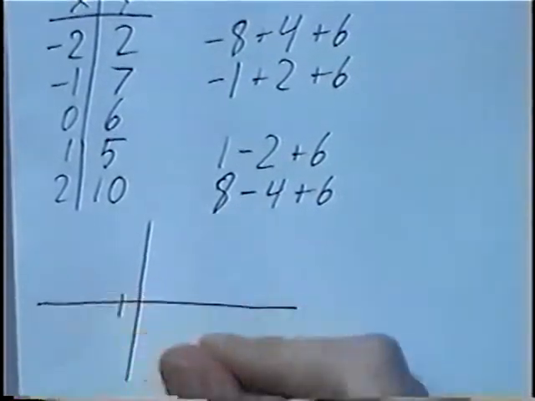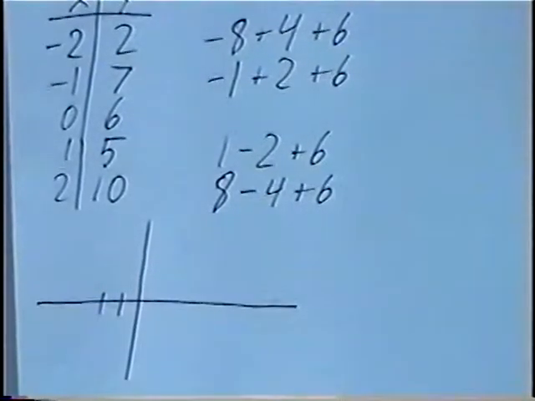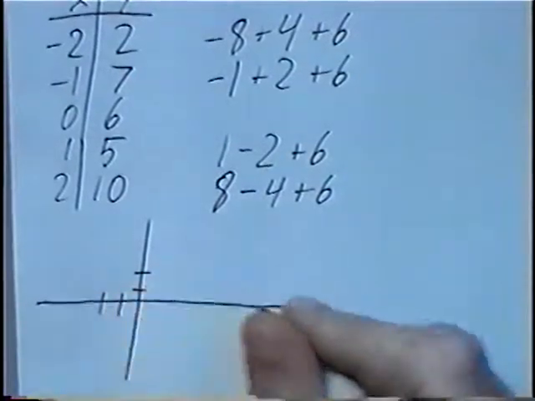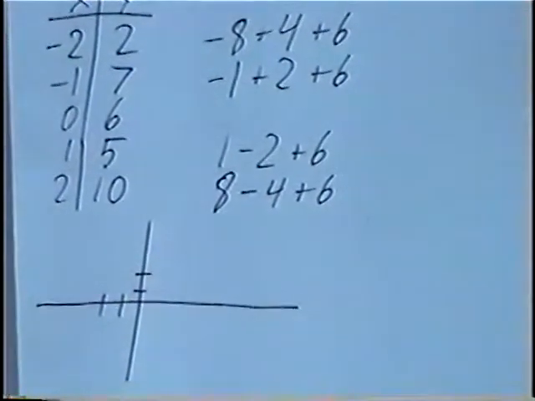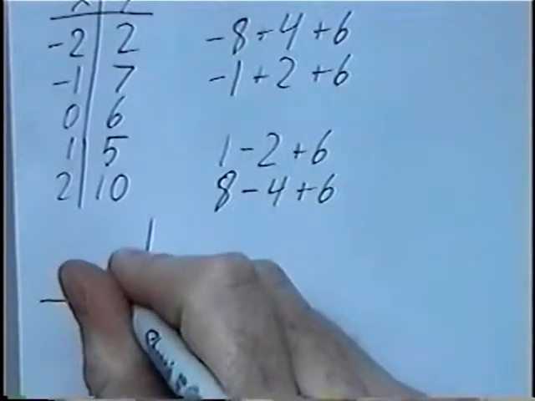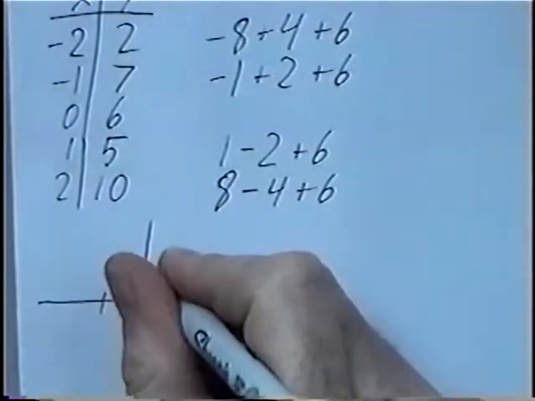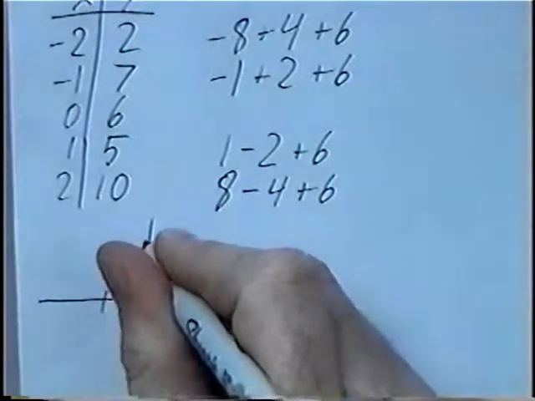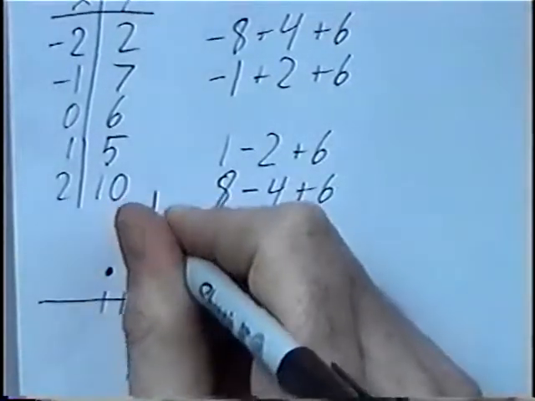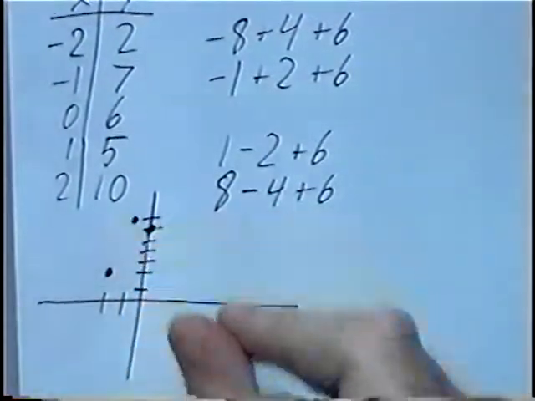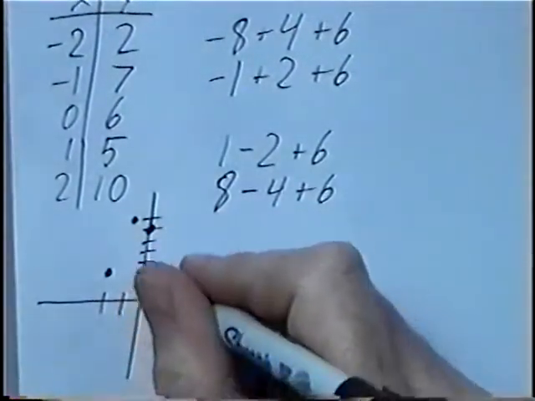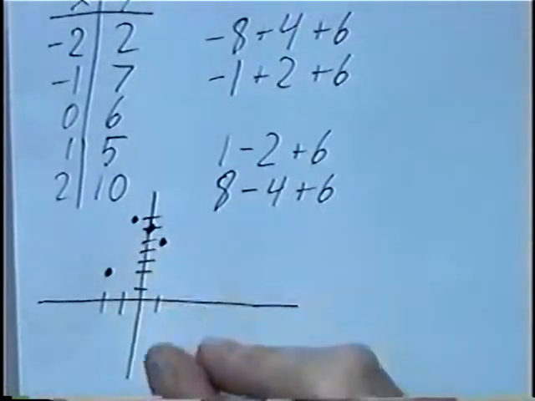The first point that we have is -2 and +2. Second point is -1 and 7. And 0, 6, 1, 5, and 2, 10.